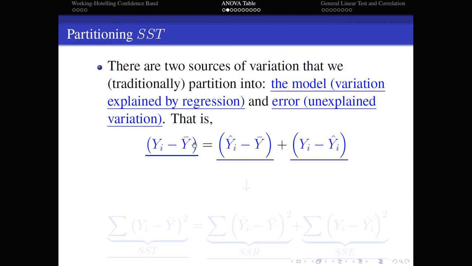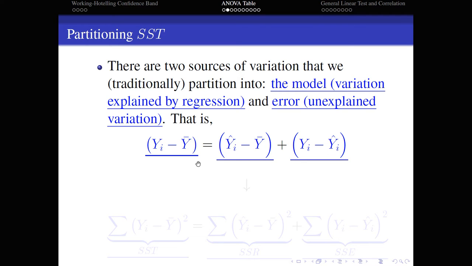So if we're looking at something like this, actually this mathematically makes sense. If we have y sub i, and this equals y sub i minus y bar. Here we have y sub i minus y bar, and then we have a positive y hat and a negative y hat, so these two cancel each other out. The reason we write it in this way is because this explains the partition.